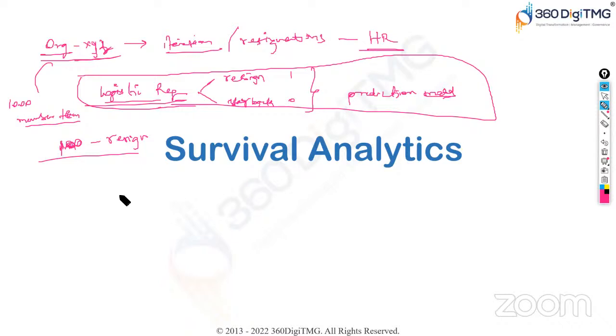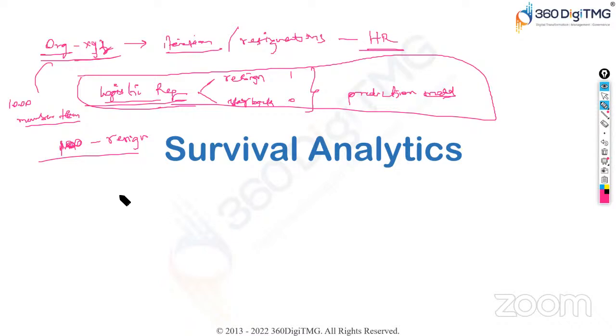Now, if you know as an HR personnel that a specific person is going to resign, then obviously you will try to counsel that employee, right? You conduct some kind of counseling sessions, one-to-one sessions, and ensure that particular employee is retained.